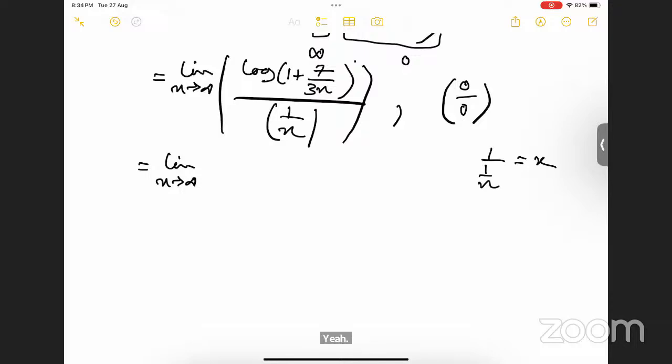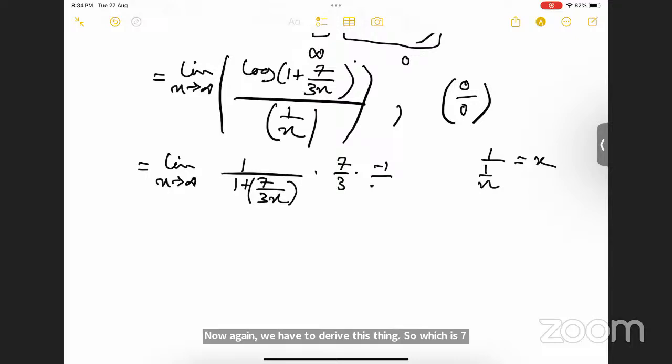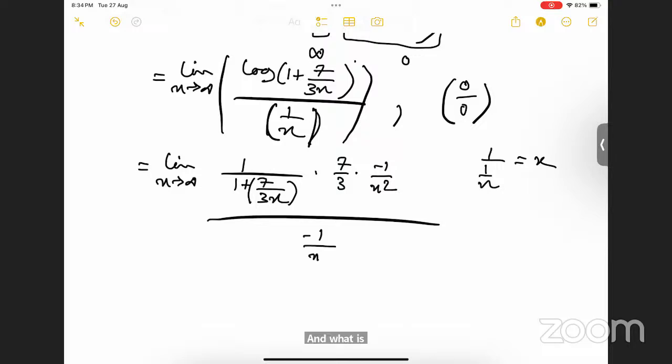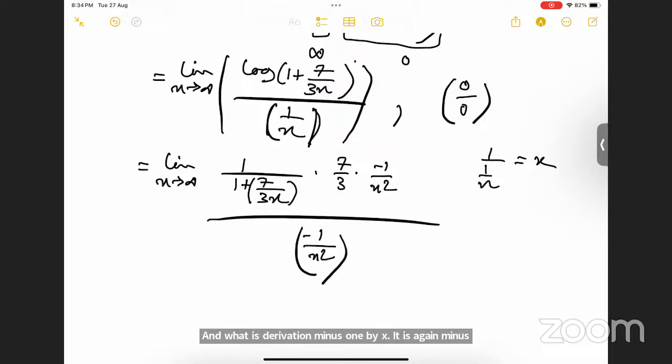Yeah. So we have to do the derivative here. So what is derivative for log x? It is 1 by x, right? Then 7 by 3x. Now again we have to derive this thing, which is 7 by 3 into minus 1 by x square, right? And what is derivative for 1 by x? It is again minus 1 by x square, right? So you can note that this minus 1 by x square and minus 1 by x square will be cancelled out, right?